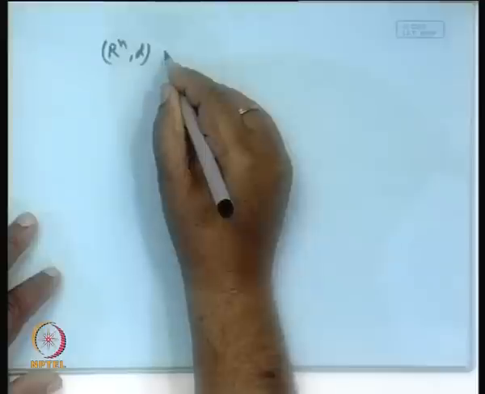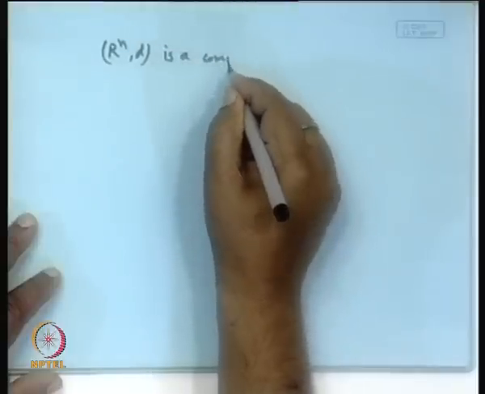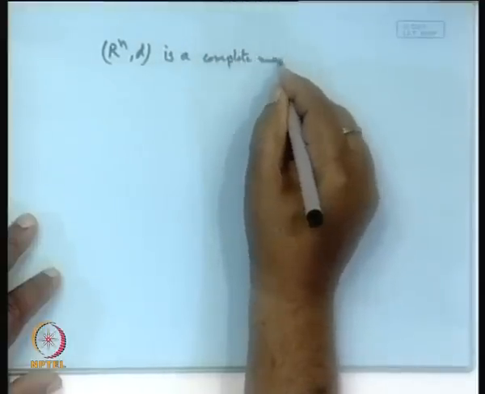In the last lecture, we have seen that Rn with the metric d is a complete metric space.